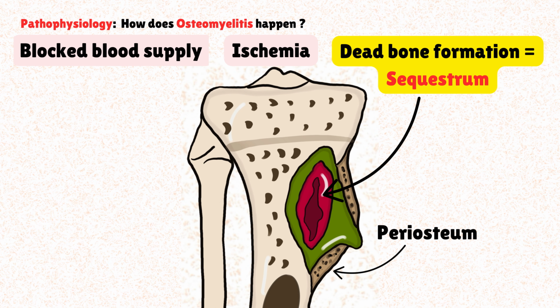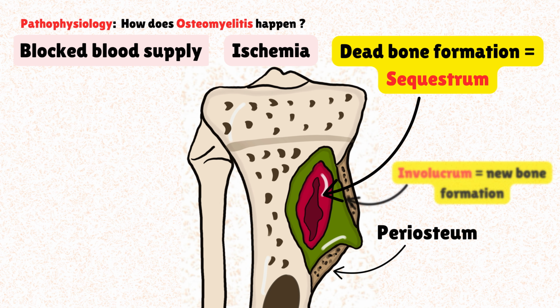The periosteum, that outer bone covering, often gets lifted up by all that pus, and then it tries to lay down new bone, creating an involucrum, which is like a new bony sheath around the dead bone. This whole complex changes the bone's architecture and makes it really hard for antibiotics to get in and for your immune system to fight the infection, which often makes it a long-term problem.